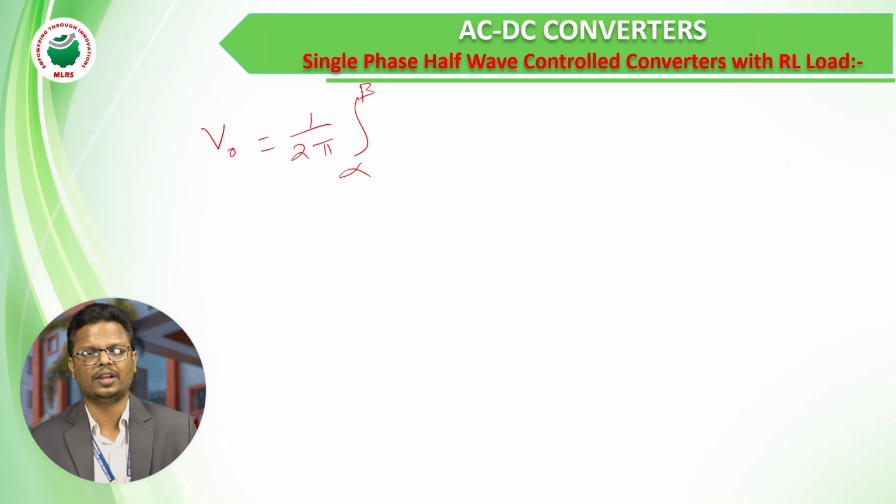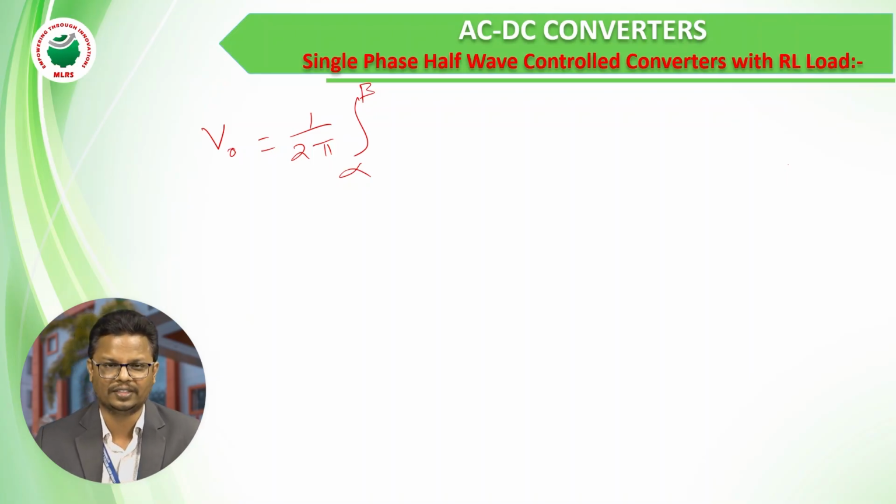Previously we considered alpha to pi, since it conducted up to pi. But in the RL load, after pi, the inductor acts as a source, so the conduction angle is extended. That angle is beta. So till beta it is in the conduction period, and we have to consider alpha to beta.